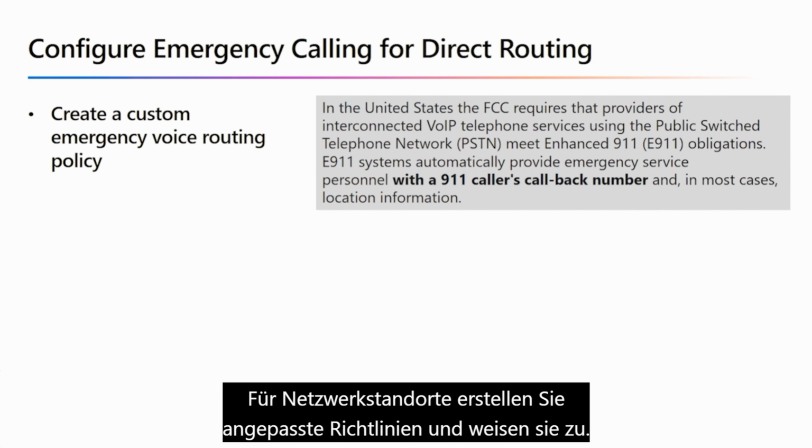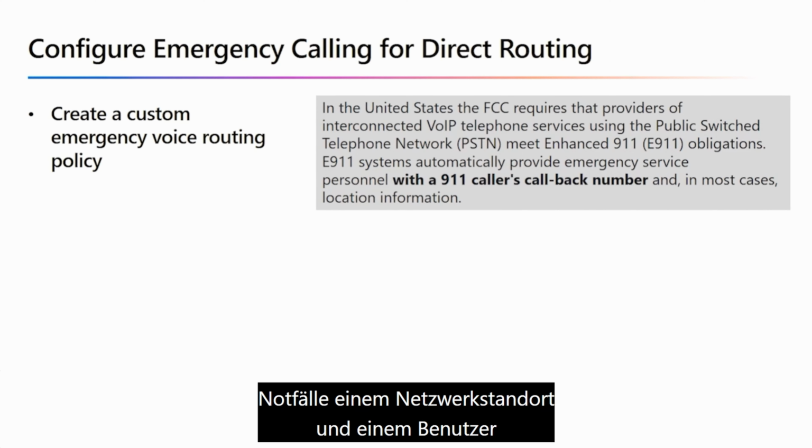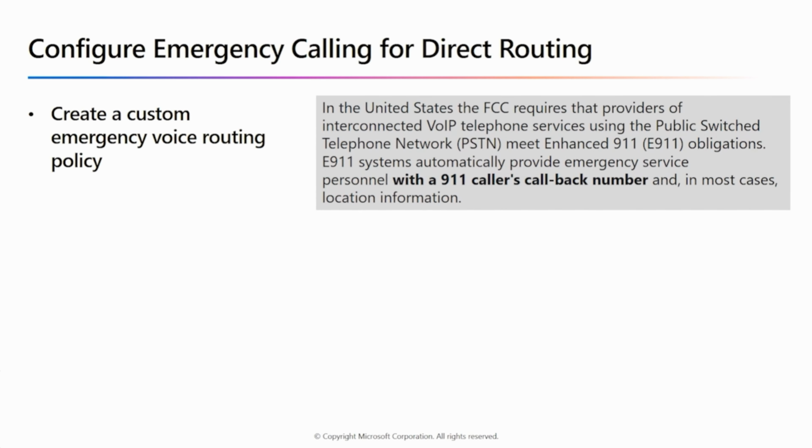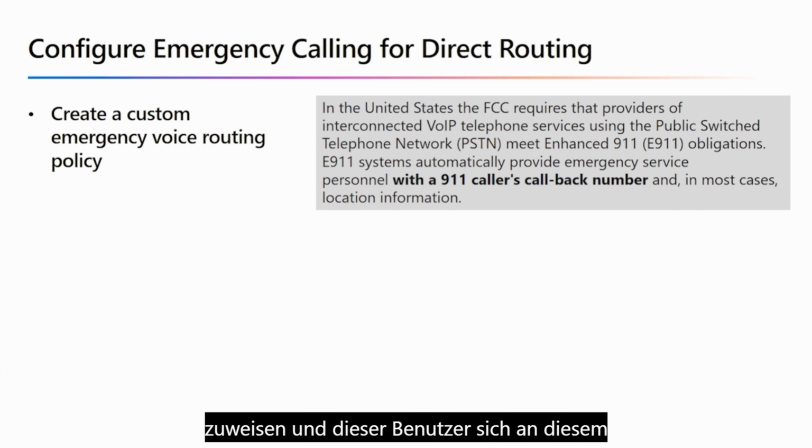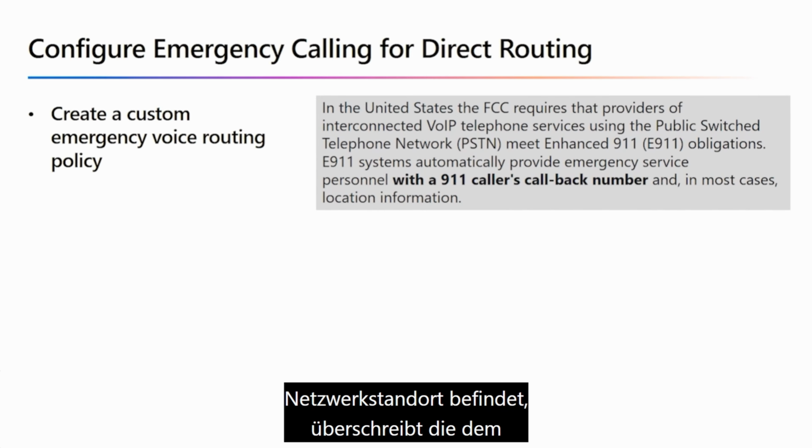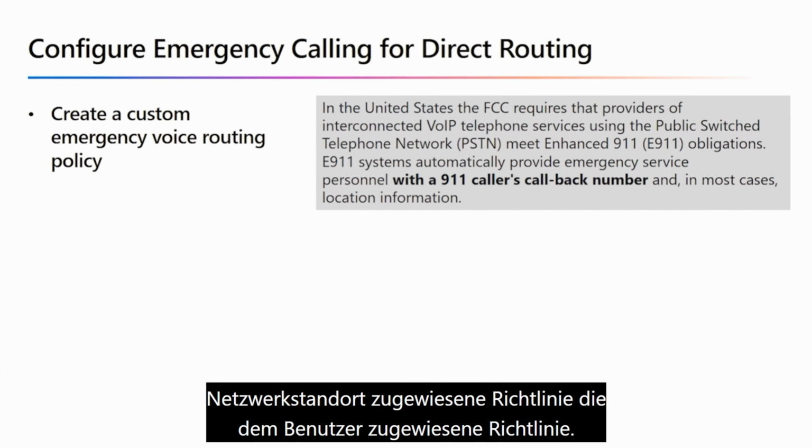For network sites, you create and assign custom policies. If you assign an emergency voice routing policy to a network site and to the user, and if that user is at that network site, the policy that's assigned to the network site overrides the policy that's assigned to the user.